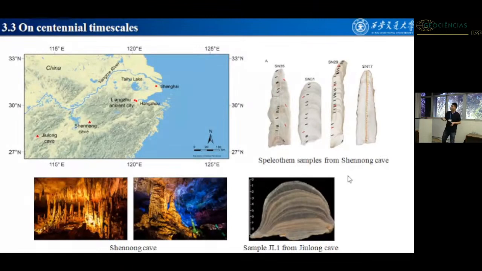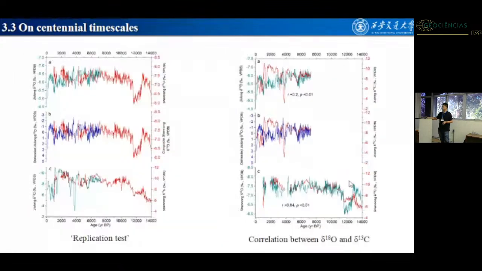We use stalagmites from Shennong Cave and Jiulong Cave. These two caves are about 300 kilometers from the Liangzhu culture. And these are the two caves' oxygen isotopes. Yes, they satisfy the replication test.